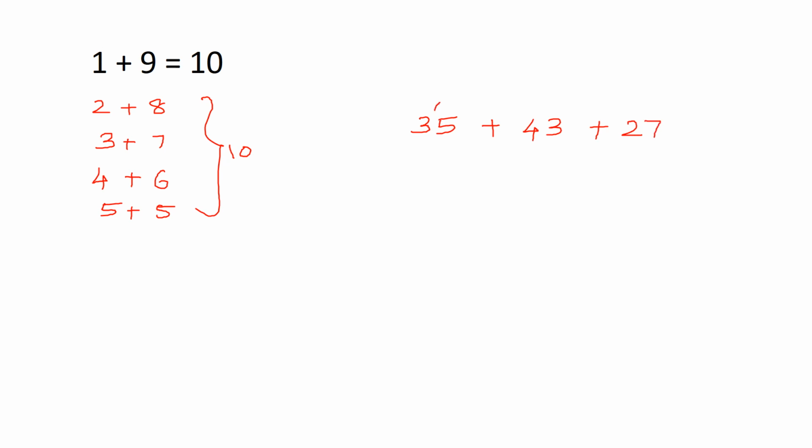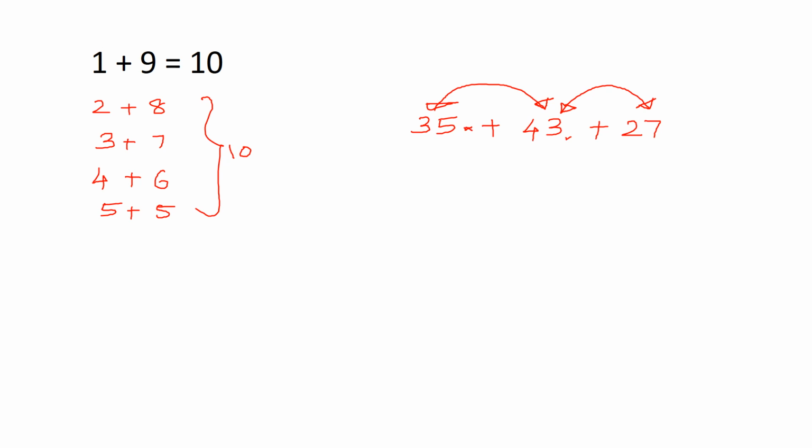Will you add 35 and 43 first, or will you add 43 and 27 first? How we decide is, we look at the digits in the unit place. This is 5. 5 plus 3 is 8. We will see where we are getting 10.